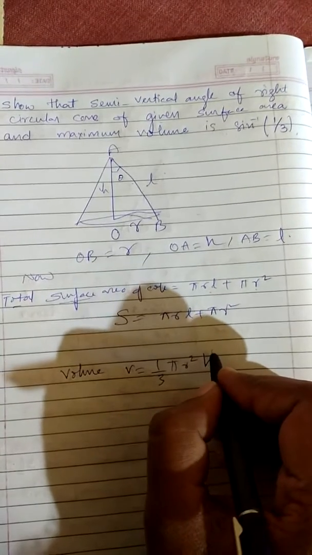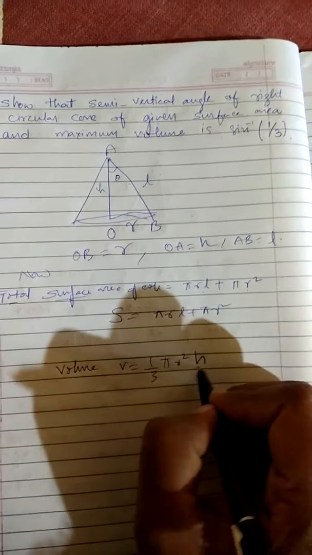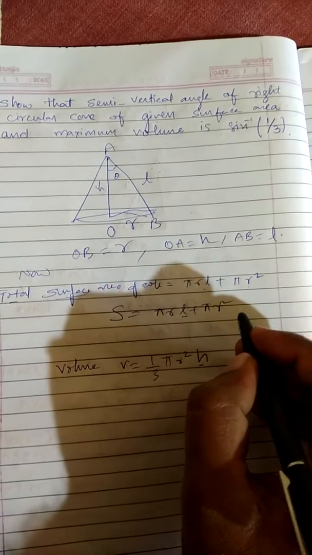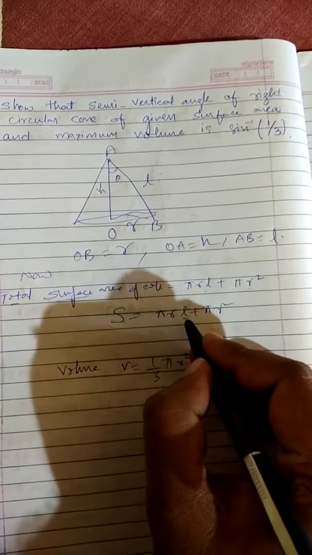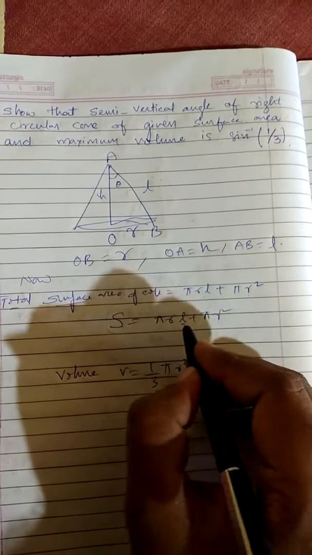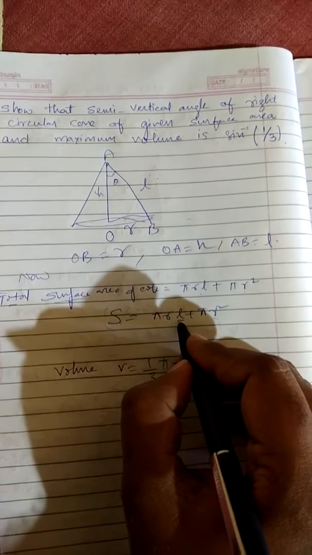So here I have h and L. We need to use S either by eliminating small l or by eliminating small r. But small r can't be eliminated because it is there in two terms. So we eliminate L from here.